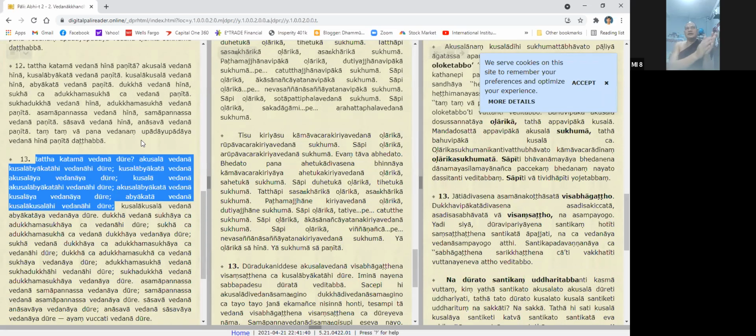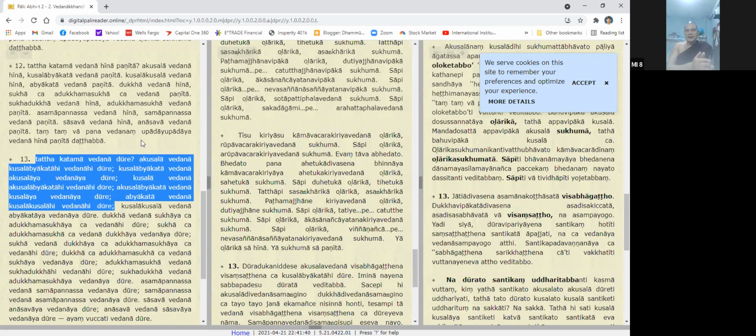If you take kusala as reference, you compare with the other two, so kusala and the other two are far from each other. If you take akusala as reference and compare to the other two, kusala is far from akusala and abyakata.